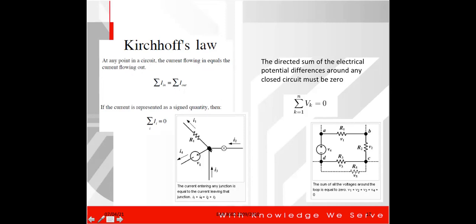For example, you have this point. Okay, so in this case, what is the Kirchhoff's law equation for this gambar ni? It should be I3 plus I2 is equal to I1 plus I4, right?